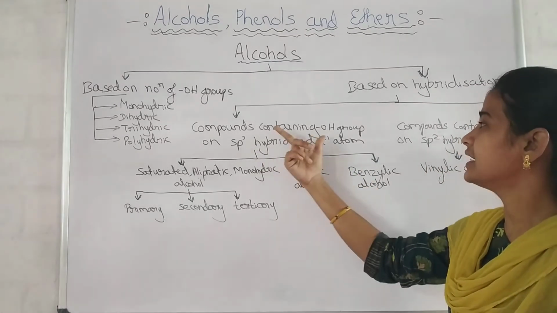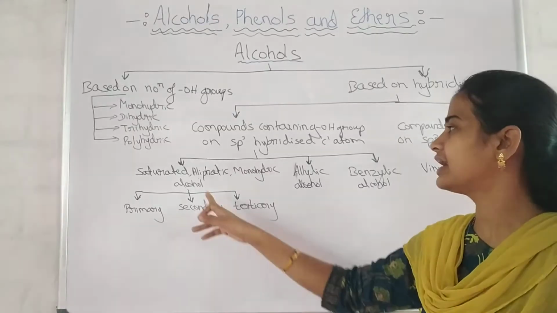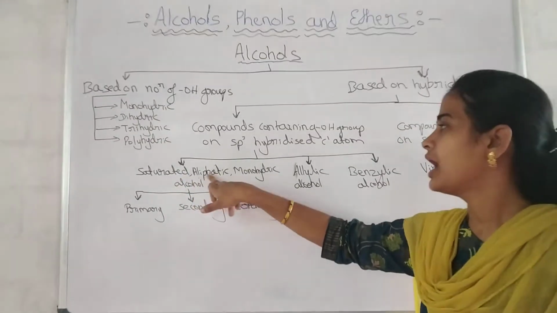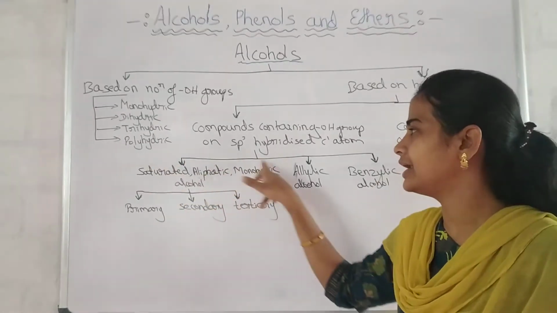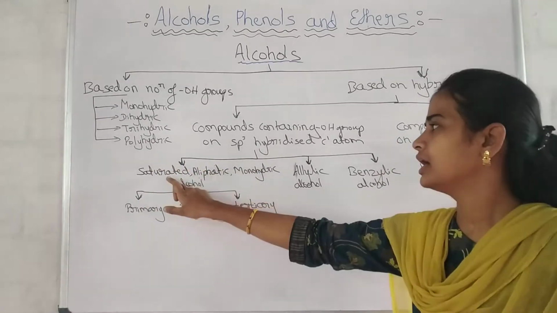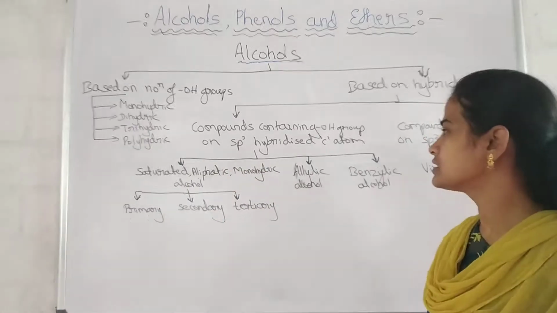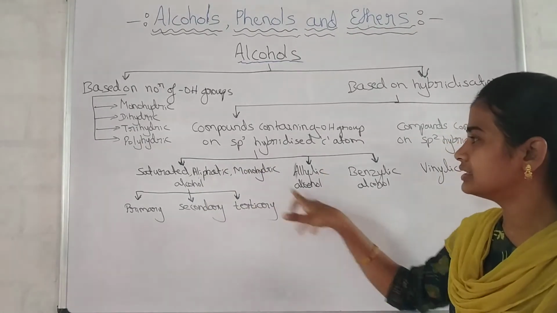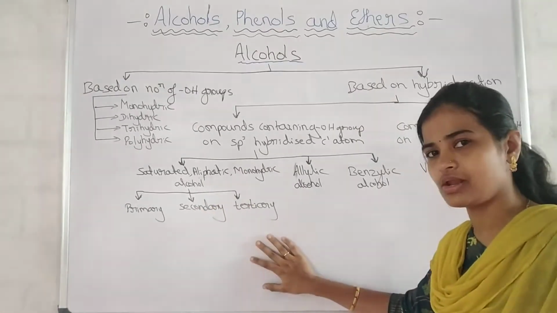Compounds containing OH group on sp3 hybridized carbon atom are further classified as saturated, aliphatic, monohydric alcohols. It is one whole. Saturated, aliphatic, monohydric alcohols, and these are further classified as primary alcohols, secondary alcohols, tertiary alcohols.